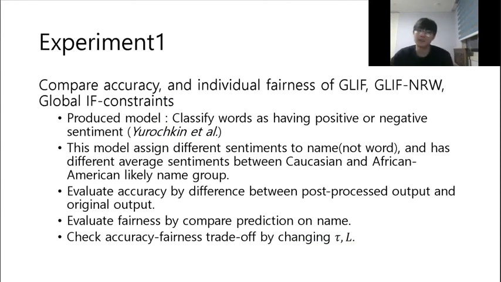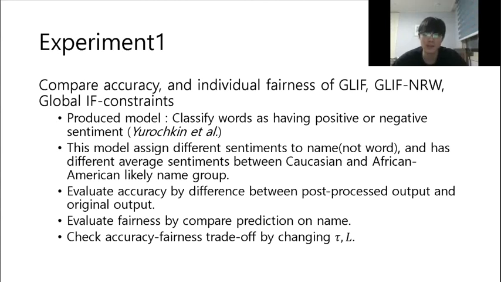And then I will talk about the experiments of this paper. The first experiment compares accuracy and individual fairness after post-processing by GRIF, that is graph Laplacian individual fairness, GRIF NRW, that is GRIF normalized random walk, and global IF constraint, that is the D-Works algorithm.